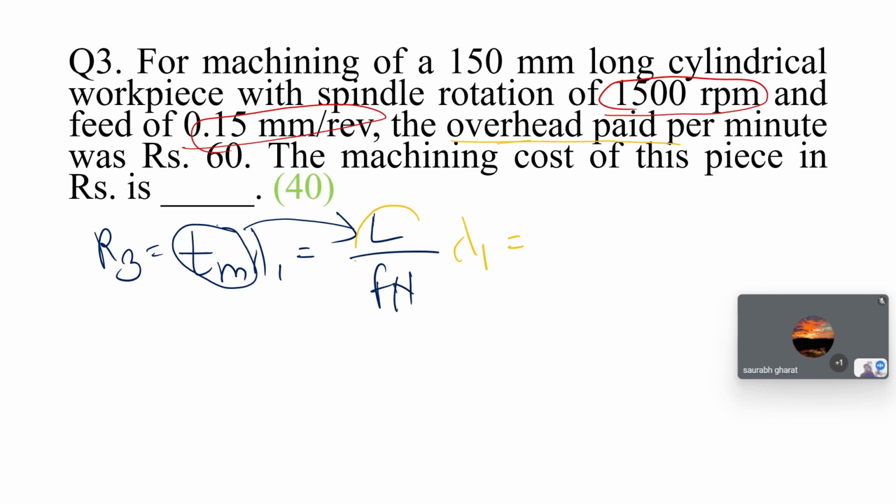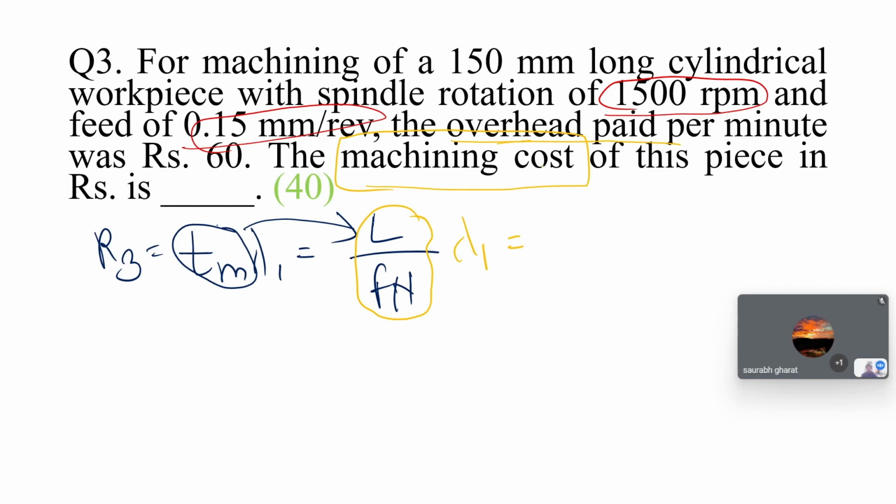This is the time required for machining, because the machining cost will be added to the time required to machine that product. So that time required times the overhead per time. The overhead is given per minute, so if you multiply the time required for one machining by the overhead given for the specific amount of time, you get the actual machining cost.